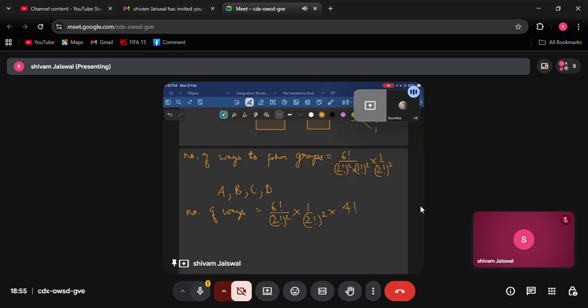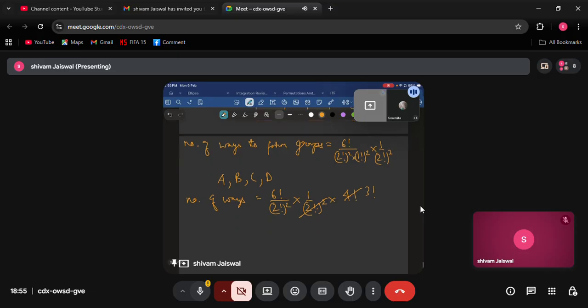Is it clear? 2 square is 4. So this will go by 3 factorial. Over here, 2 factorial, 3 will get cancelled, and over here we'll get 3. Then 720, 360. Yes, 1080, it is fine.